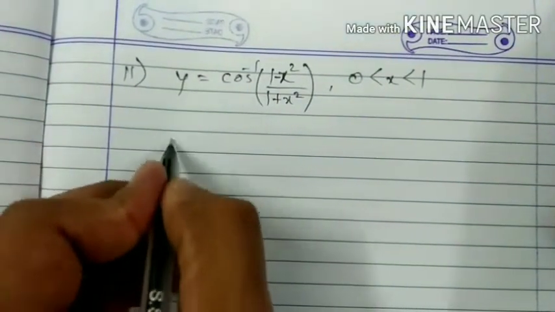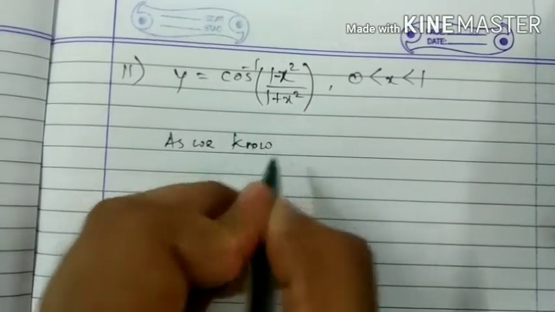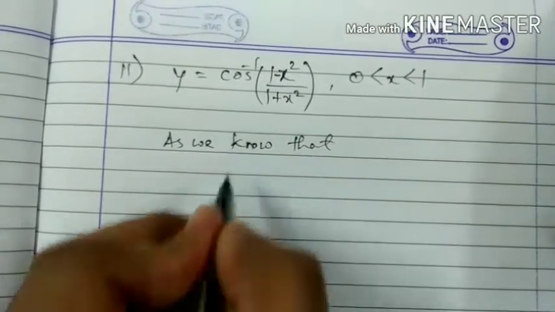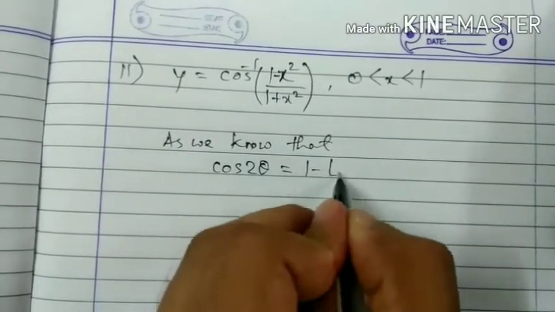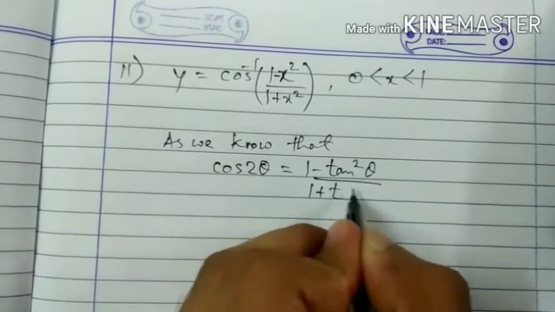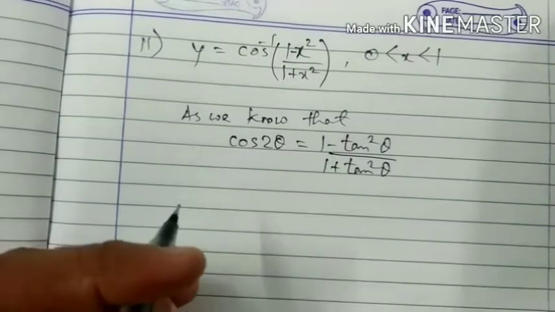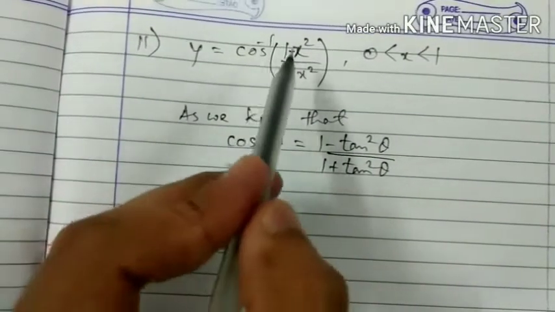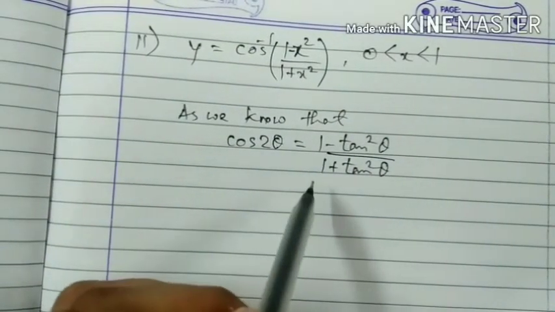Now, as we know, cos 2 theta equals (1 minus tan square theta) upon (1 plus tan square theta). This is the multiple angle formula. Now comparing this term with (1 minus tan square) upon (1 plus tan square).